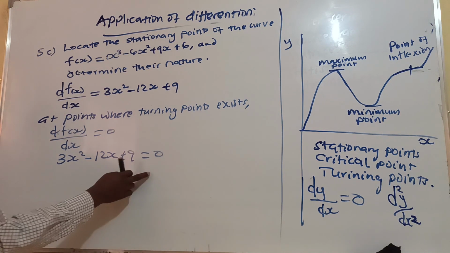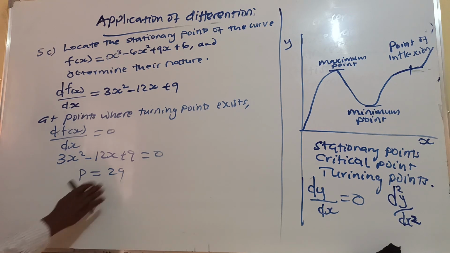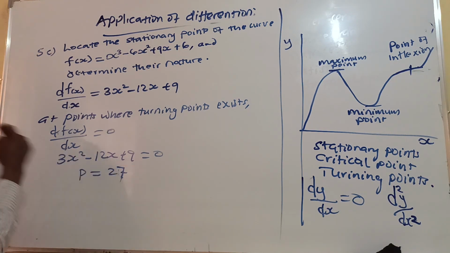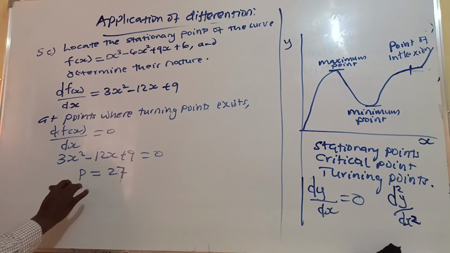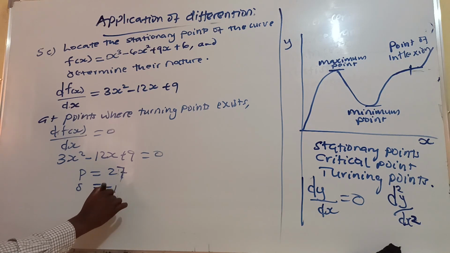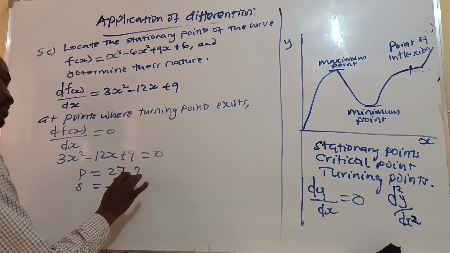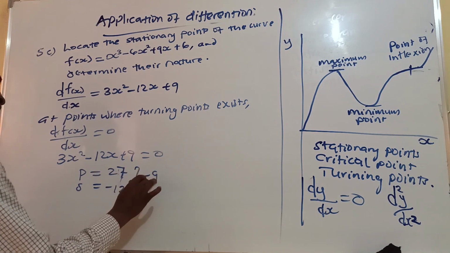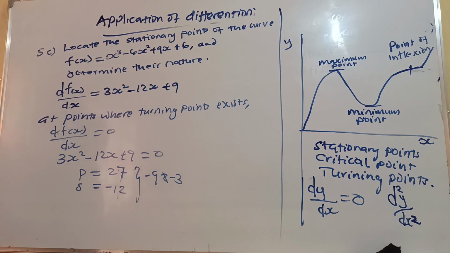So you need two numbers, their product is 27. We want to factorize two numbers whose product is 27, but sum is negative 12. I think those two numbers are negative 9 and negative 3. Negative 9 and negative 3.